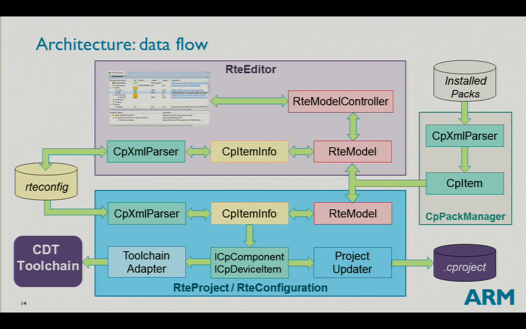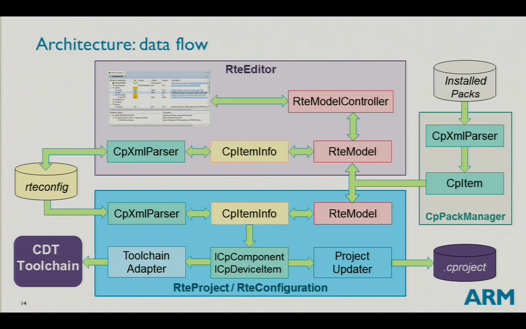Everything is done with the same interfaces or classes, but they are distinct instances of the classes. Even the parser, which parses the configuration file and the installed packs, is essentially the same. What is different is the factories which produce the elements.